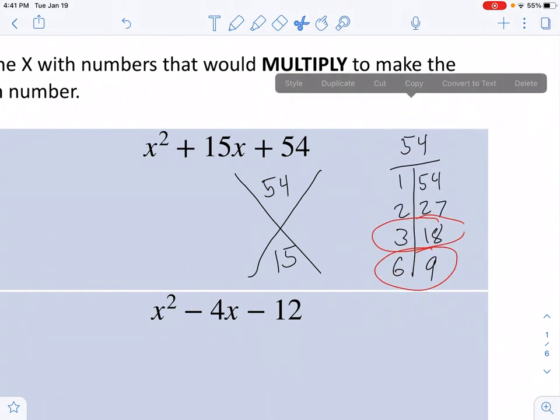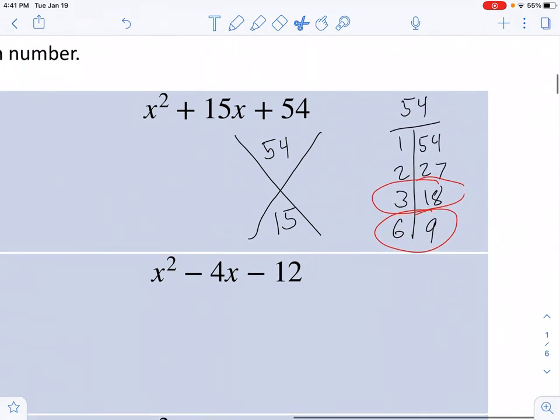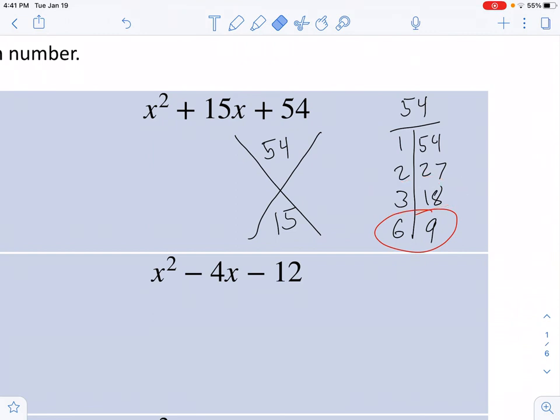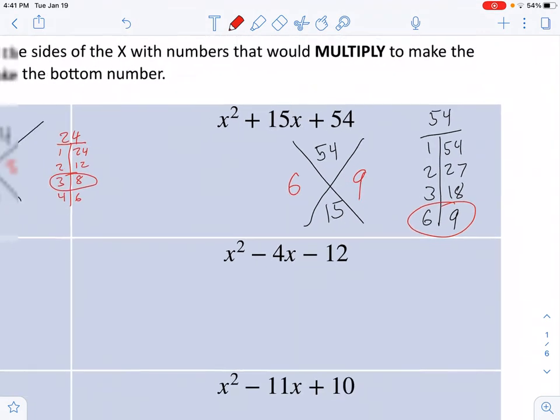What you need to be aware of is if I use 3 and 18, for example, one of them would have to be negative to make positive 15. I would have to have a negative 3, 18 minus 3 makes 15. The problem is a negative 3 times a positive 18 would give us a negative 54. So 3 and 18 actually won't work for this example, but 6 plus 9 will. 6 plus 9 is 15.